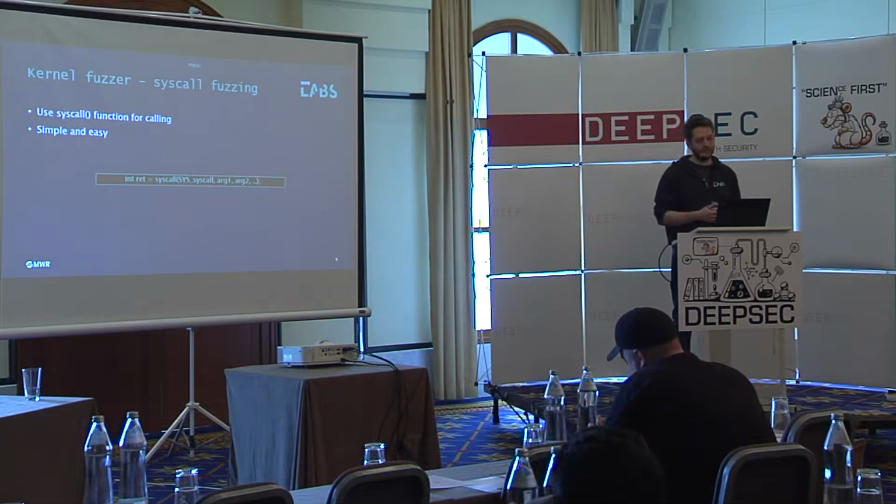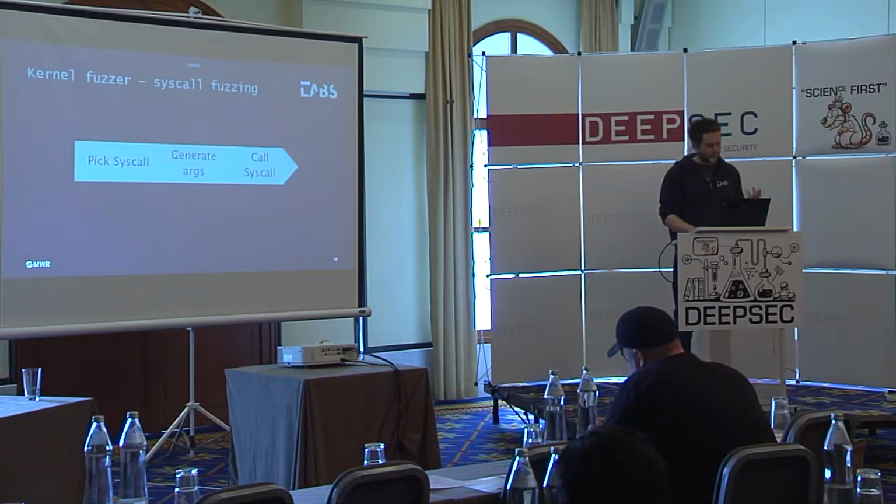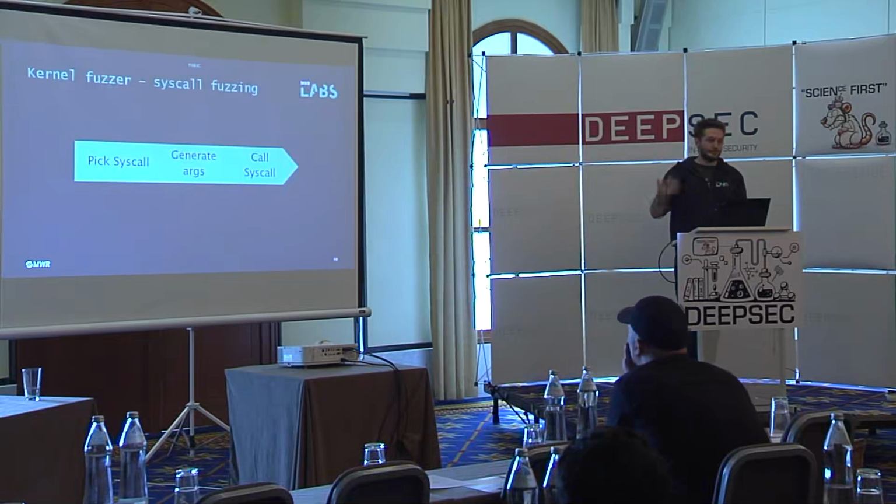Really simple, really easy. If you're going to do syscall fuzzing, I recommend using this. At a really high level, all the fuzzer does is pick a random syscall from a massive auto-generated array, generate the arguments based on that, and call the syscall.